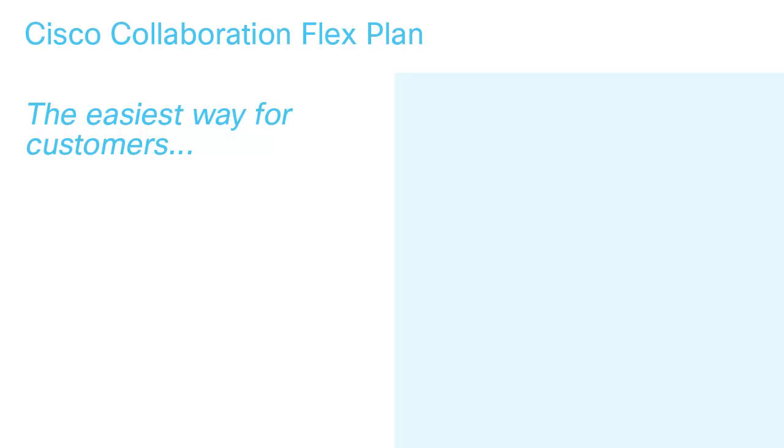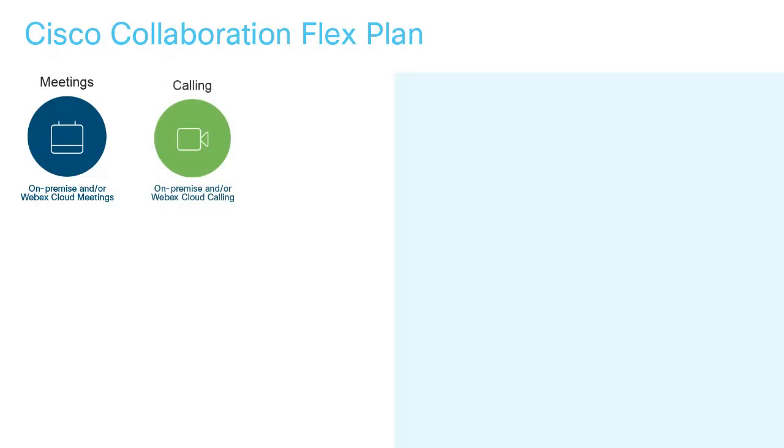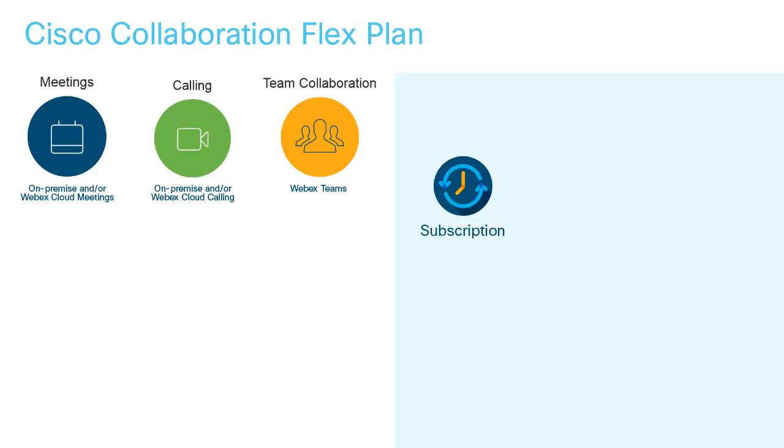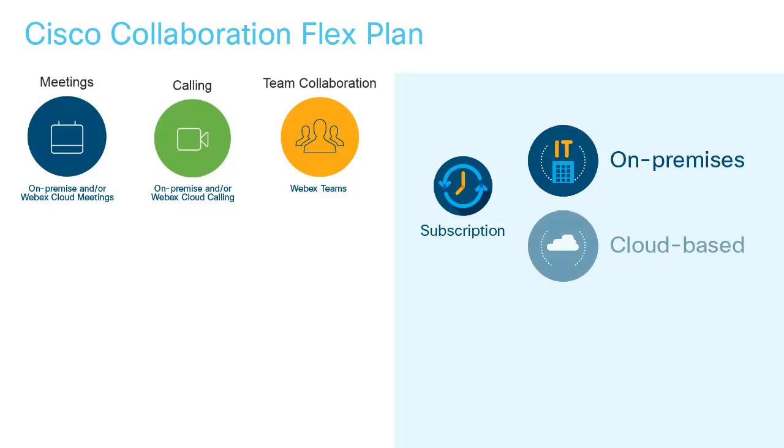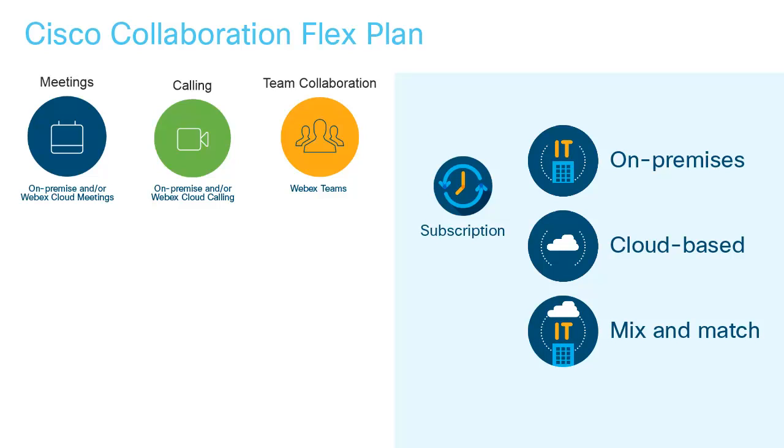Cisco Collaboration Flex Plan is the easiest way for customers to consume our suite of collaboration experiences, meetings, calling, and teams via subscription. Collaboration Flex Plan provides the option to expand the customer's existing on-premises deployments and/or take advantage of the flexibility offered by cloud-based Cisco collaboration services and mix and match on-premises and cloud-based subscriptions for different teams of users to simplify the transition to the cloud.